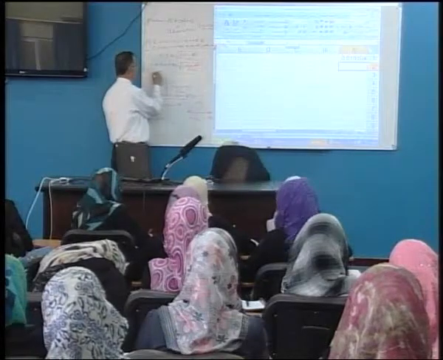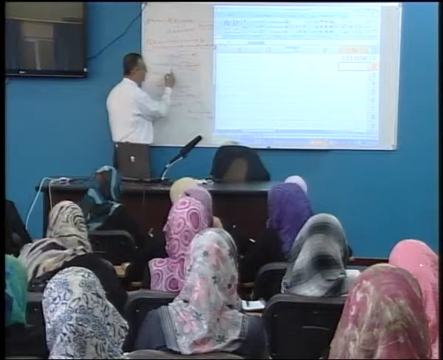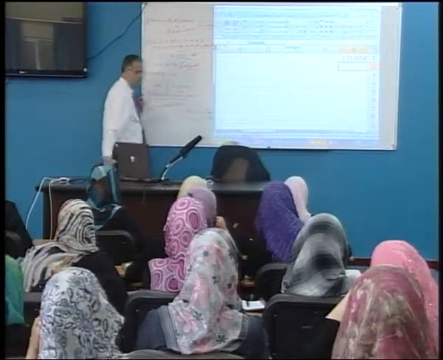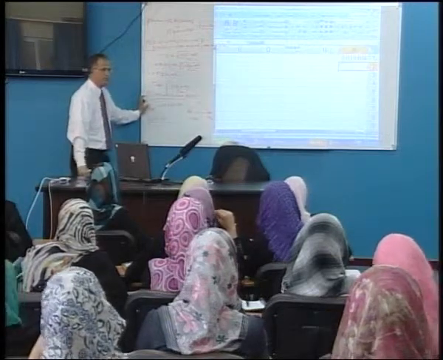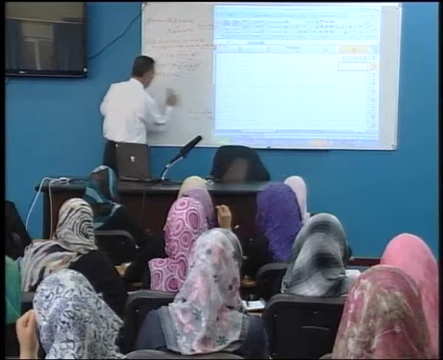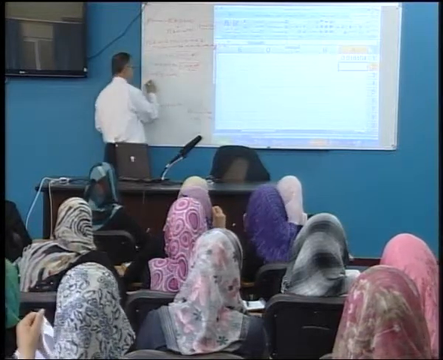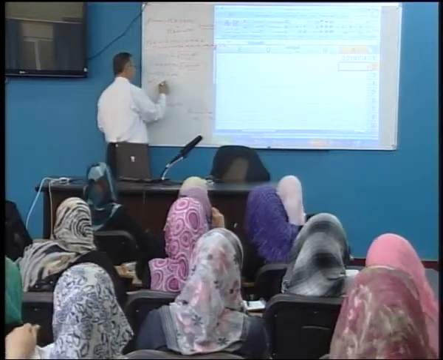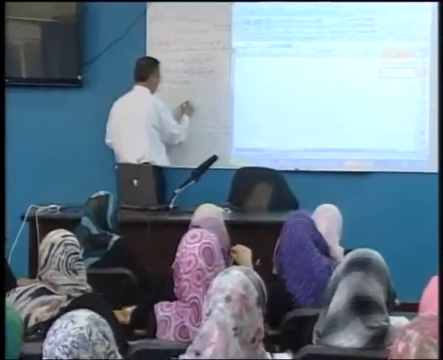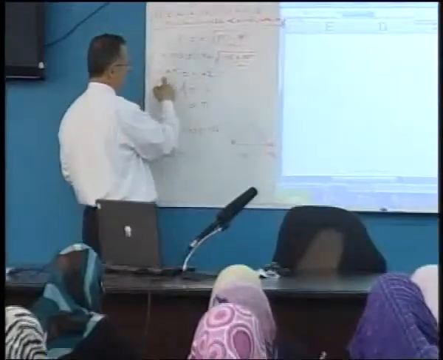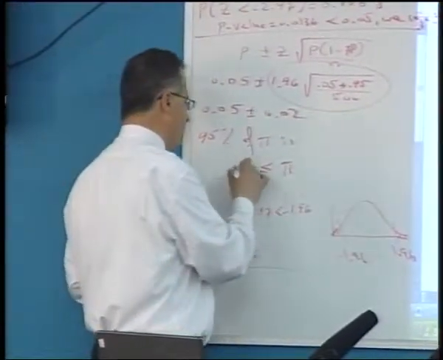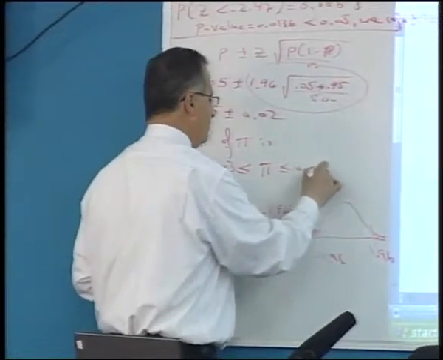So 0.5 plus or minus around 0.2. For example, let's say it's 0.2, approximately. So now the 95% confidence interval for pi is pi greater than or equal to 0.5 minus 0.2, which is 3%, and plus 0.2 gives 7%.